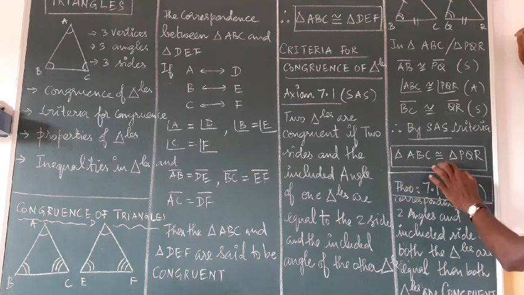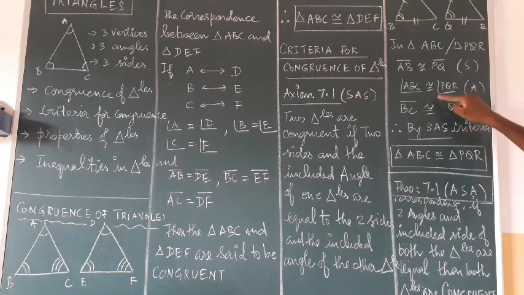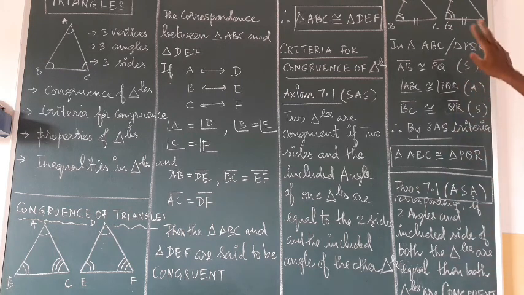Therefore triangle ABC is congruent to triangle PQR. This symbol means congruent and equivalent to. That is your first criteria, the SAS postulate. If two sides and the included angle of two triangles are equal, then both triangles are same to same, in other words, congruent. Okay.